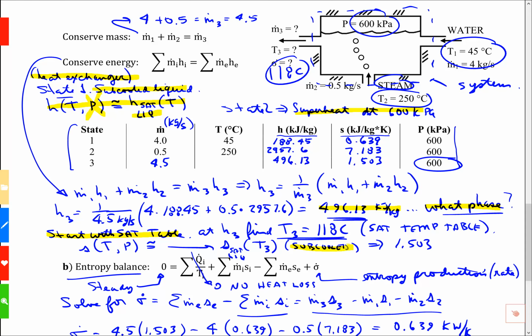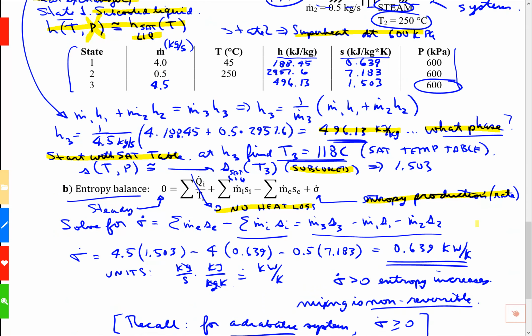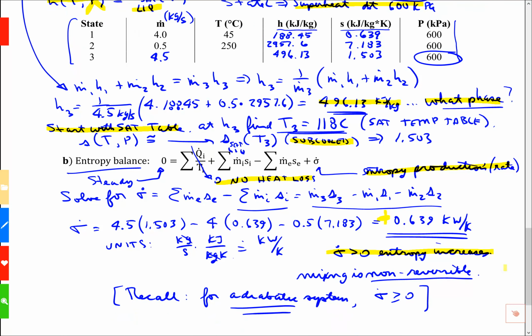And then when we did an entropy balance, we had simplified it because there was no heat loss, and looked for the entropy production rate. We needed all the entropies, and we found that the entropy production rate was positive. So entropy was increasing, and that's an indication of a non-reversible process. And if you remember that in an adiabatic system entropy increases for real systems, then all will be well.